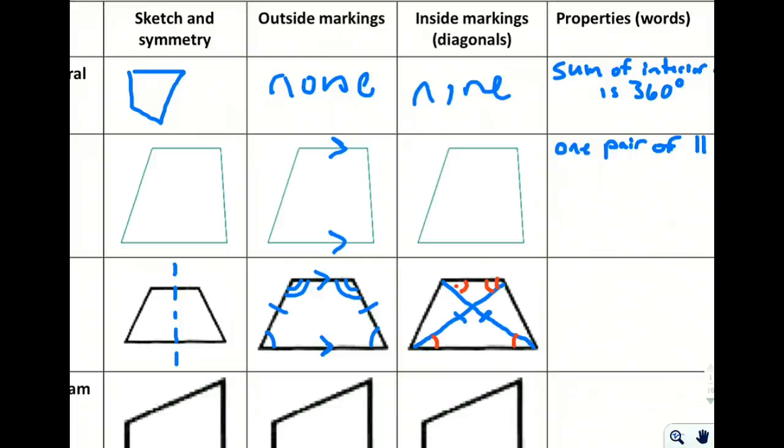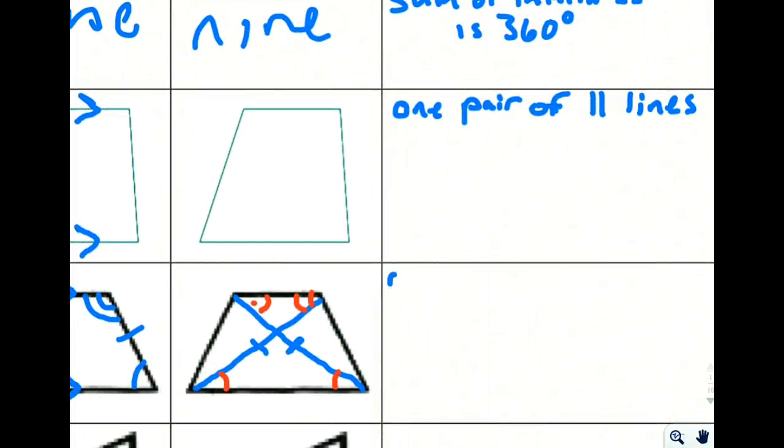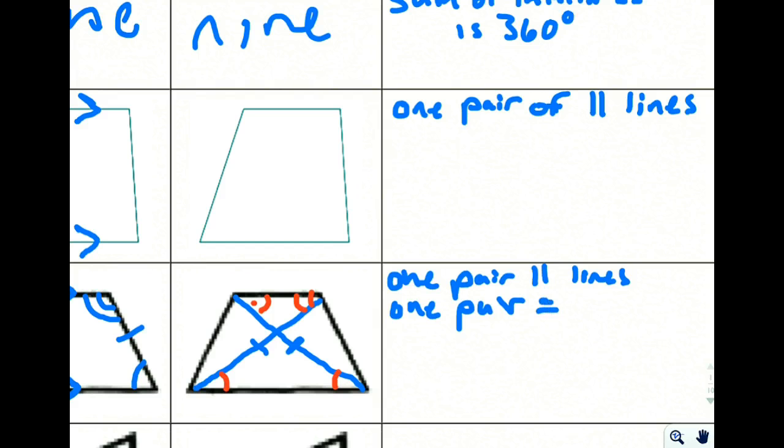So if we're going to mark this, we have still one pair of parallel sides. We also have one pair of congruent sides. That's where the two sides are the same length. And I'm going to abbreviate congruent like that. I'll write sides here.